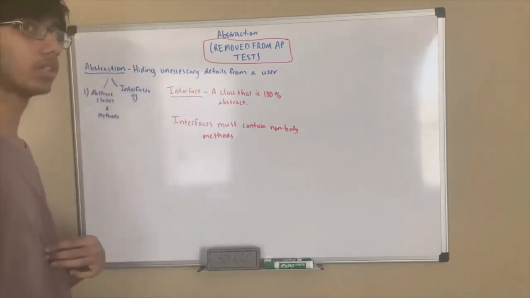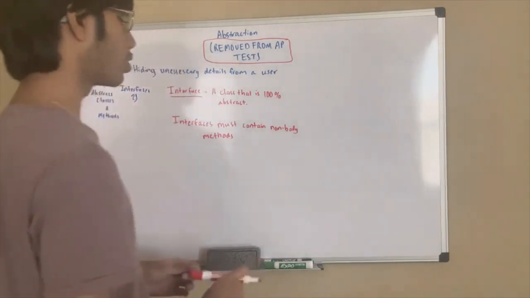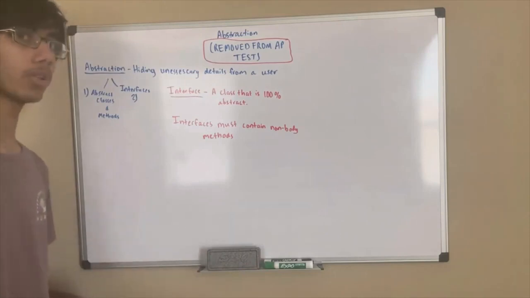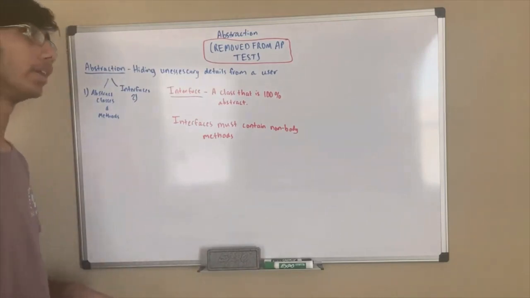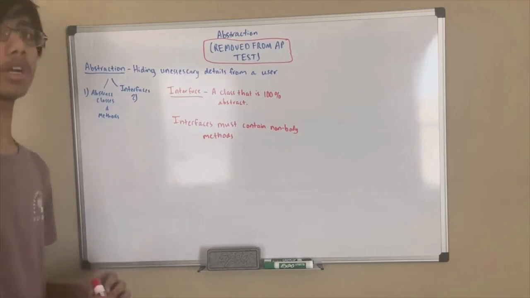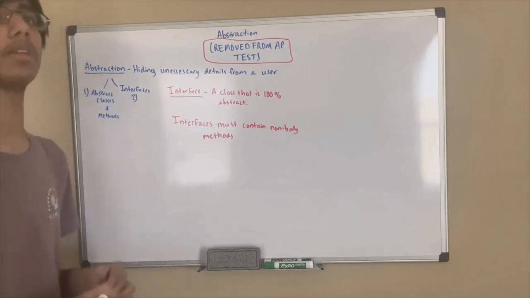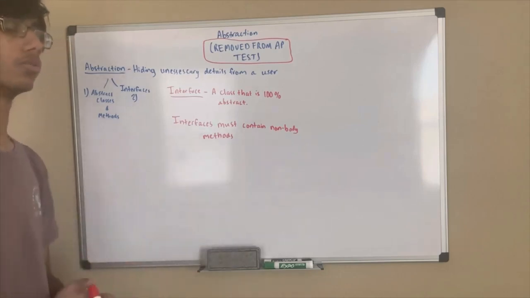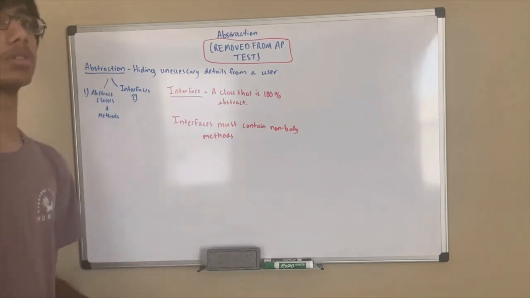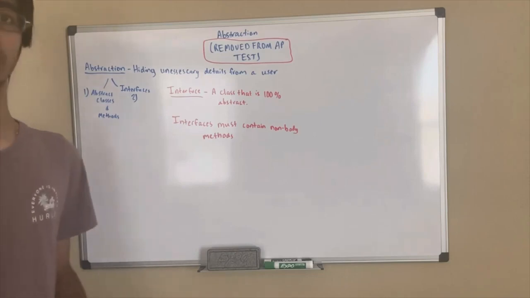So even if the method is not abstract, and by the way, interfaces can contain regular or abstract methods, but they must all not have a body. Even though it's not abstract, it still cannot have a body in it, because you're going to define that in a subclass, or it's not really a subclass, it's more of a superclass, but it's going to implement the interface.